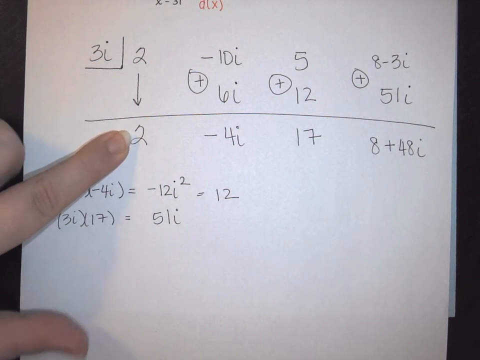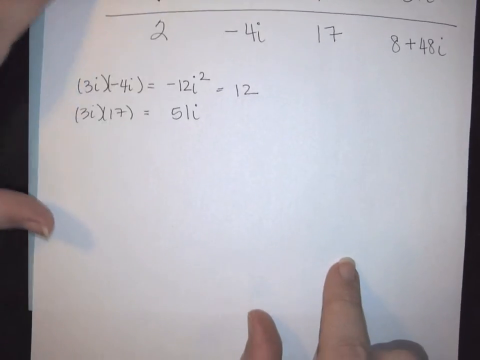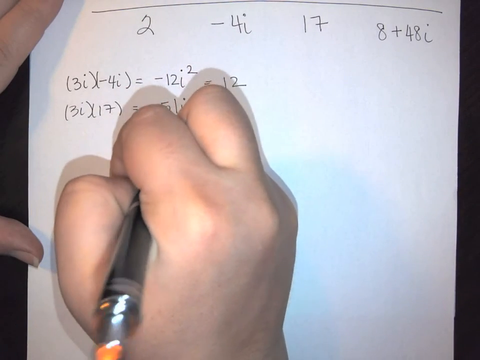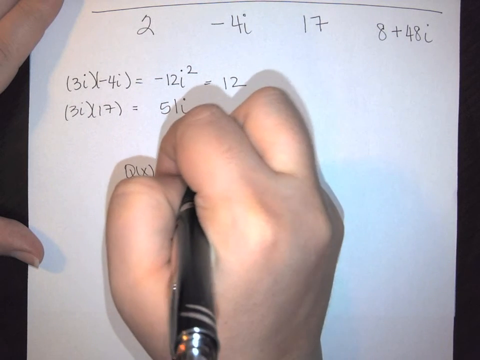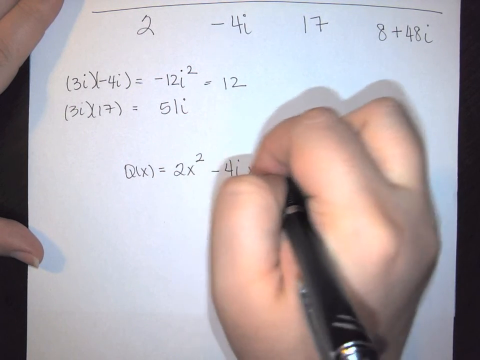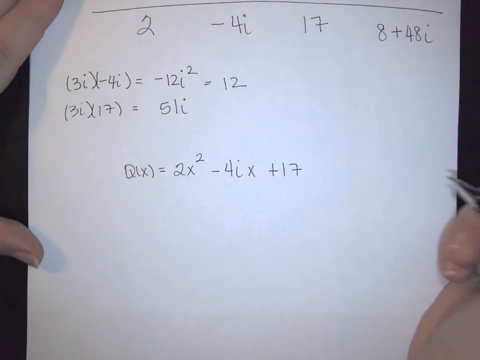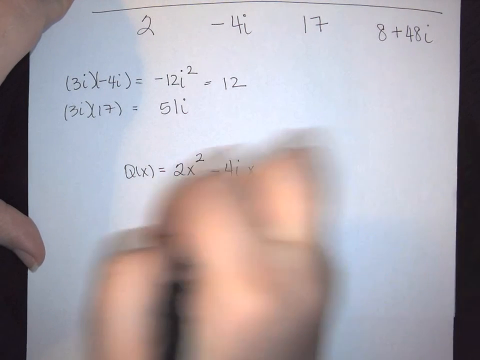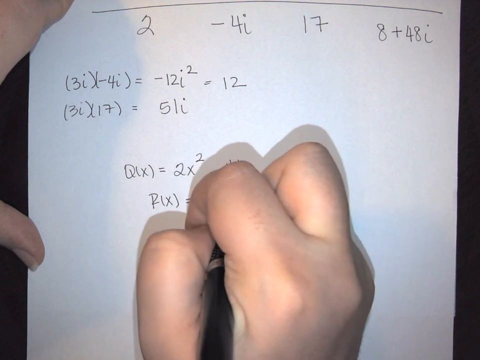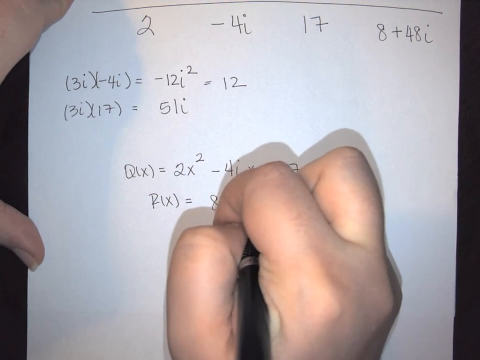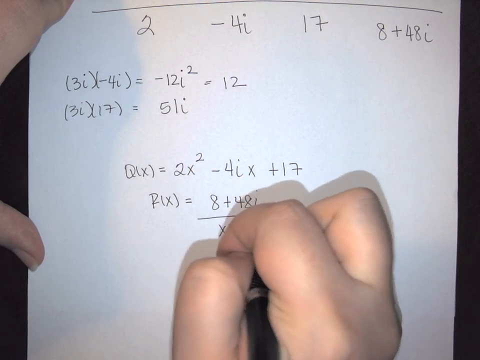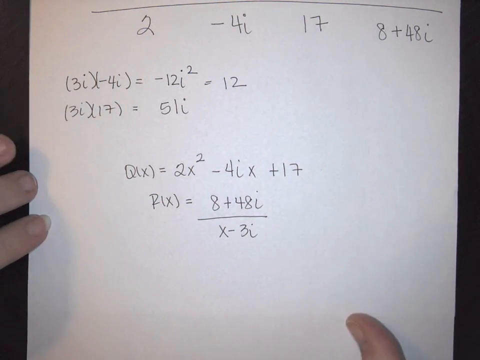We came down here to having an x squared, so let's identify our pieces. Here we're going to have a q of x, which is going to be 2x squared minus the 4ix plus 17. And then we're going to have our remainder. So r of x is going to be 8 plus a 48i divided by our x minus 3i is our remainder.